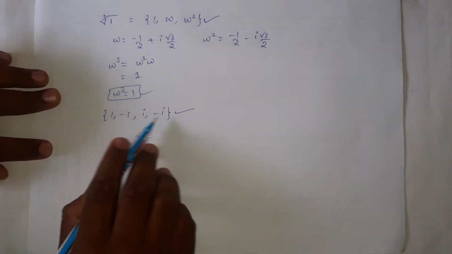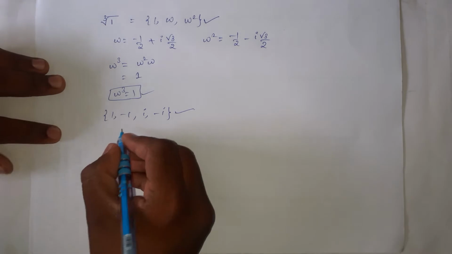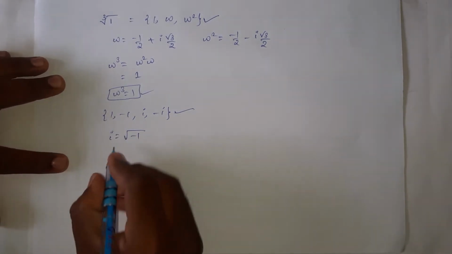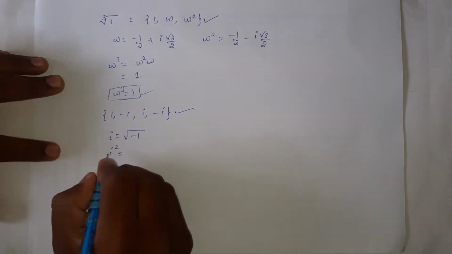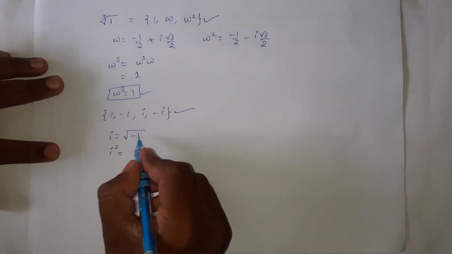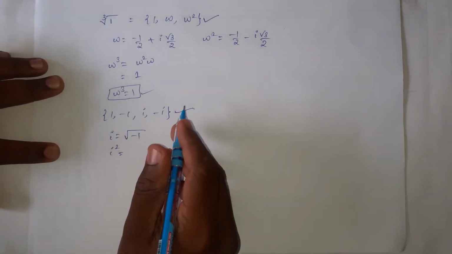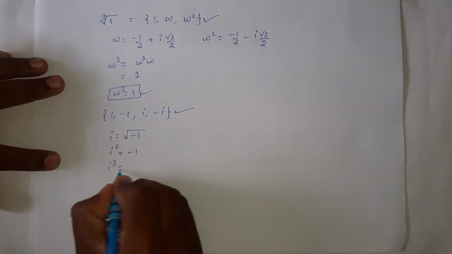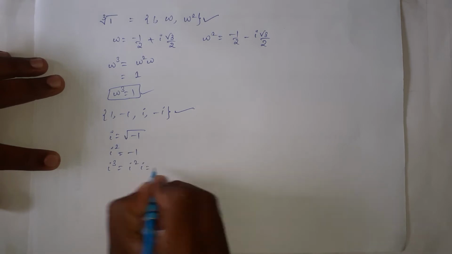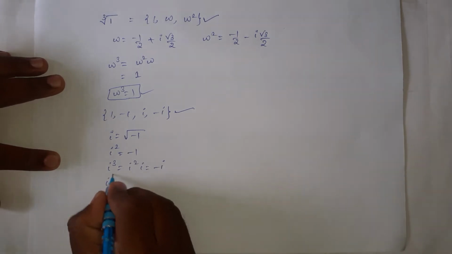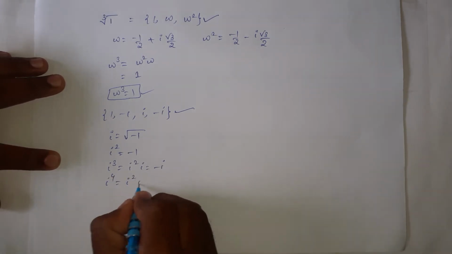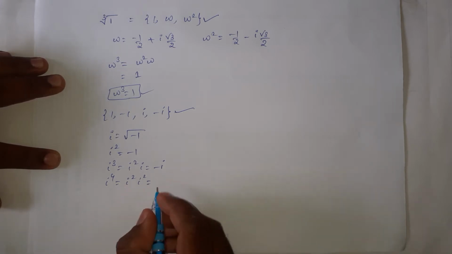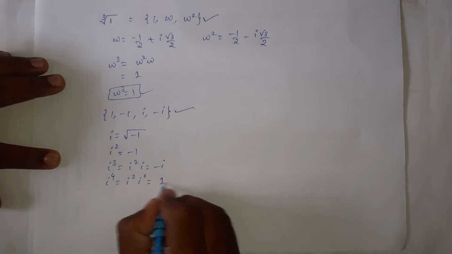Now here i is equal to square root of minus 1, then the value of i square is equal to minus 1 under root whole square, that implies it is minus 1. Then i cube is equal to i square into i, that is minus i, and i power 4, that is i square into i square, is minus 1 into minus 1, that becomes plus 1.